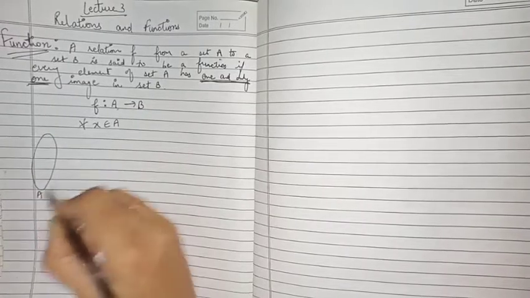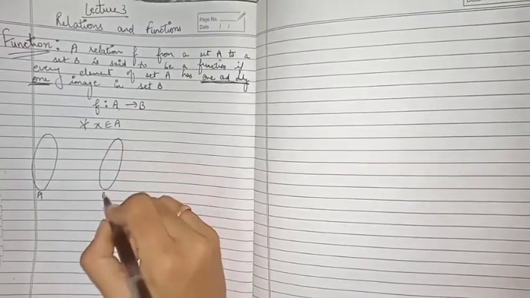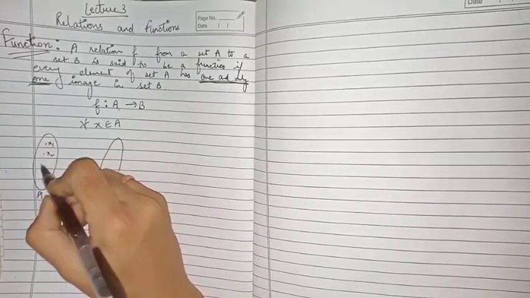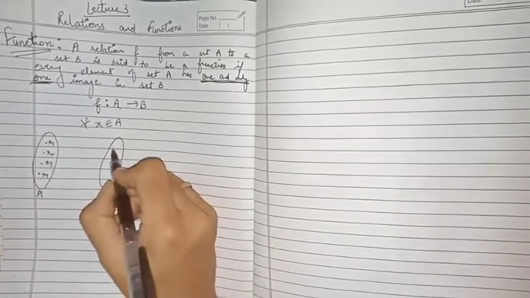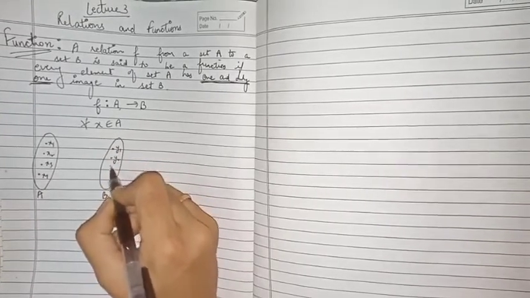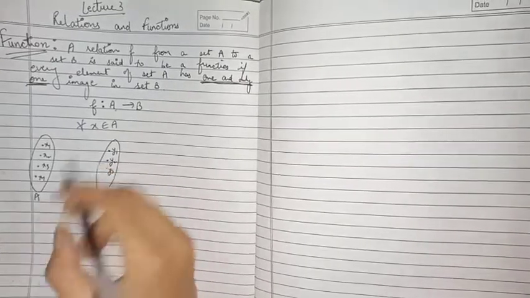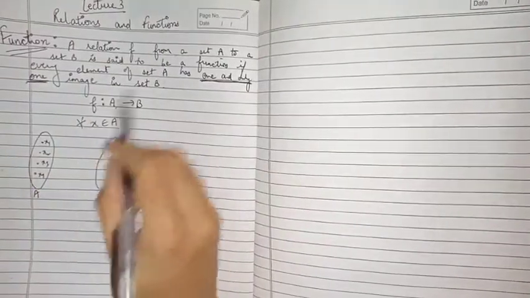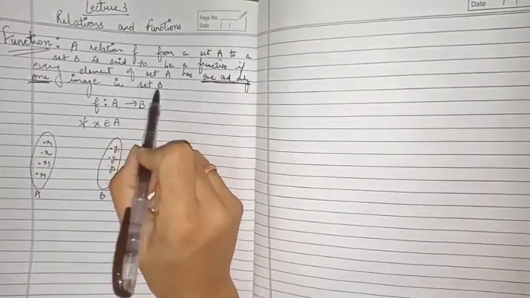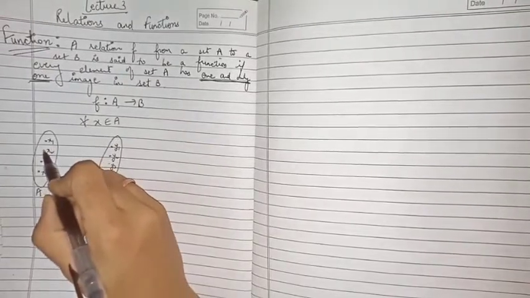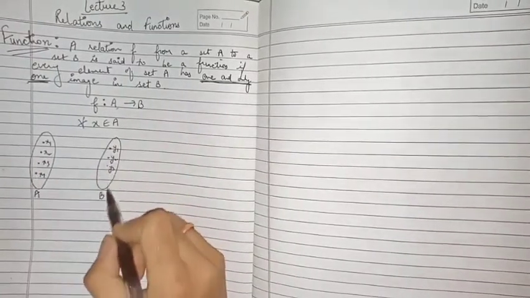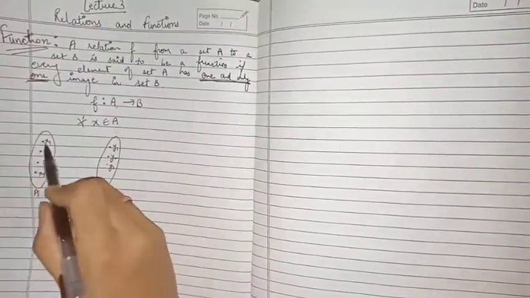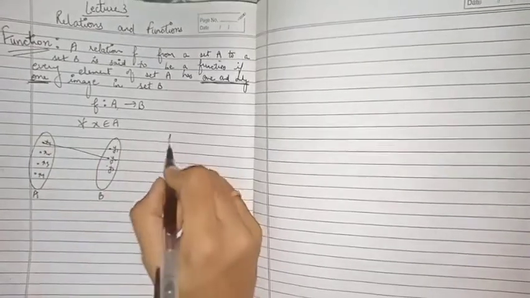You can also represent this by two sets. This is set A, this is set B. Let us consider some elements here: x1, x2, x3, x4, and y1, y2, y3. Now what is the meaning of one and only one? This means every element is associated to an element in set B. All the elements x1, x2, x3 and x4 have an image in set B. Let us consider x1 has image y2, that means f(x1) = y2.